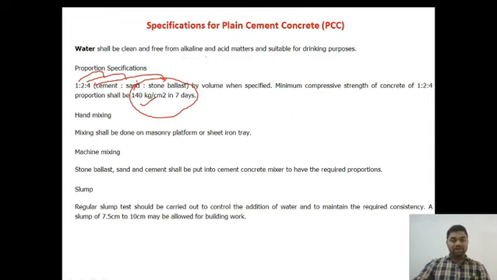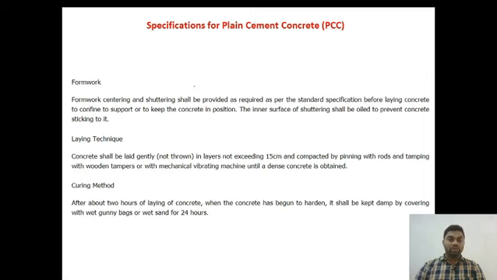Regular slump tests should be carried out to control the addition of water to maintain the required consistency. Slump is a measure of consistency. A slump of 7.5 centimeter to 10 centimeter may be allowed for building work.